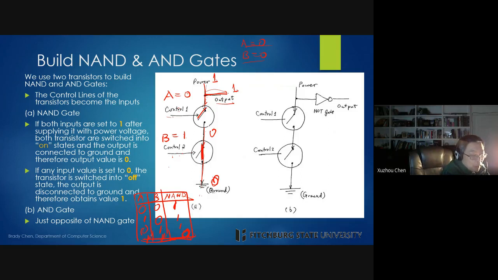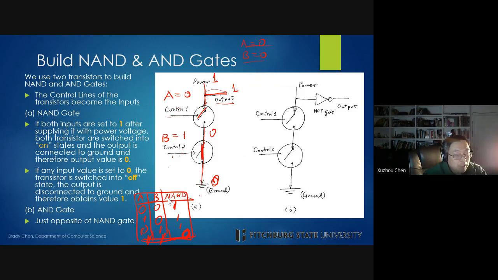So only when A is 1 and B is 1, the output is 0. If any value is 0, you disconnect the whole Y. This is actually like a serial connection. Any questions?